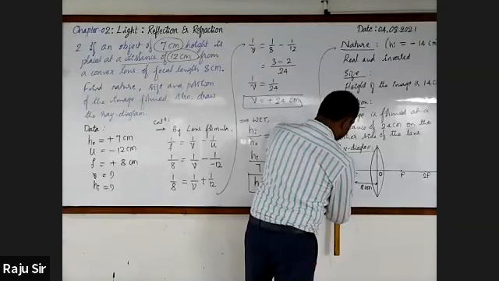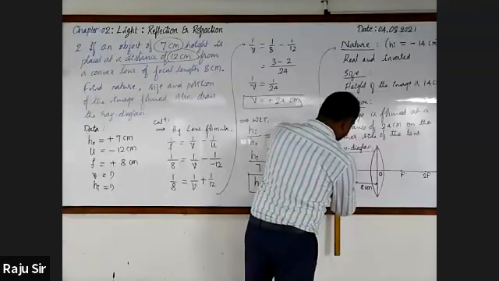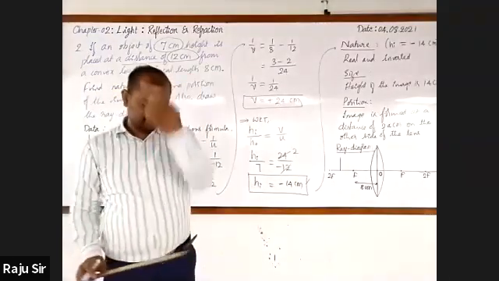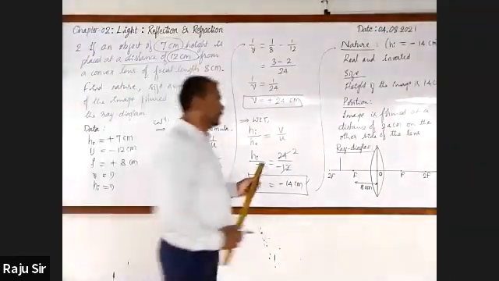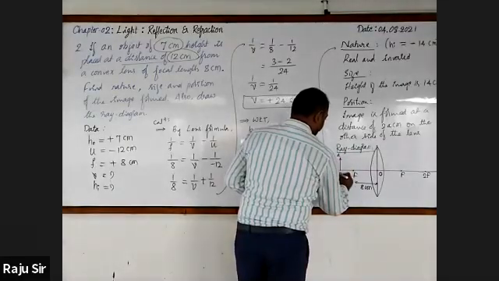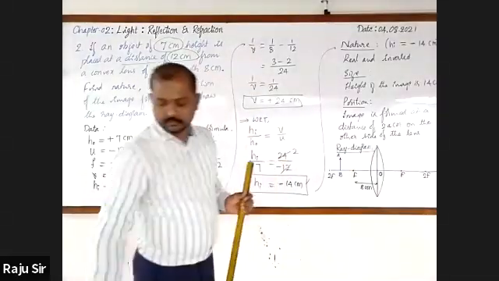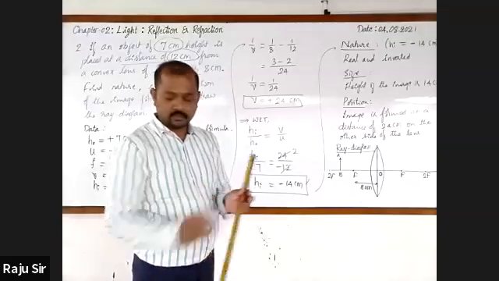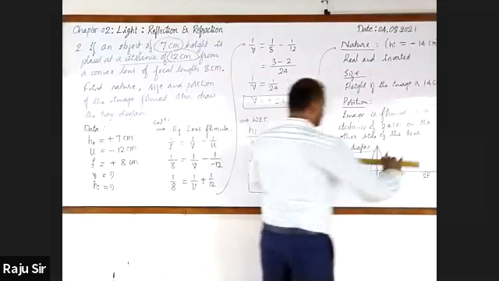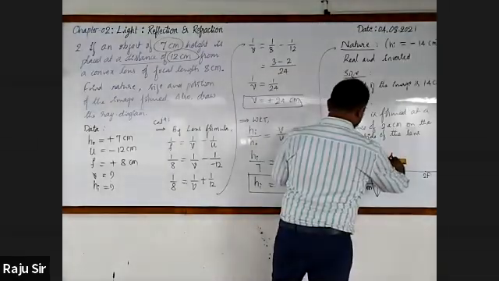We all know that the height of the object is 7 centimeters. Just draw a line and name this as AB. Next, draw a line parallel to the principal axis.